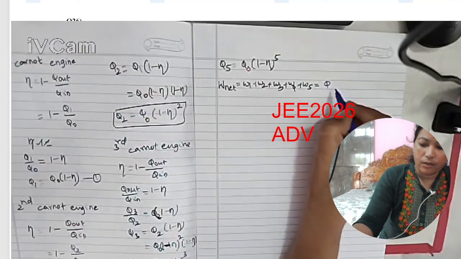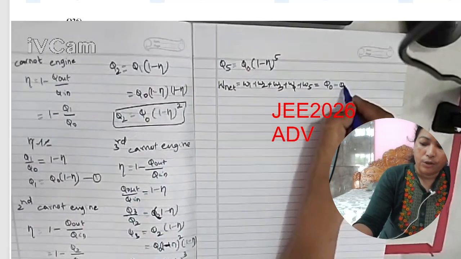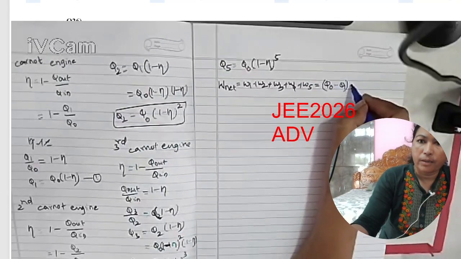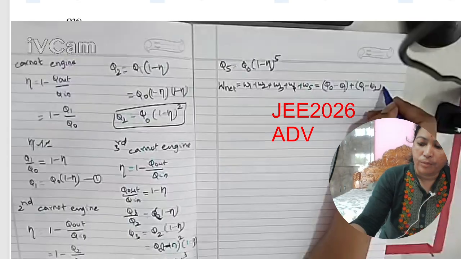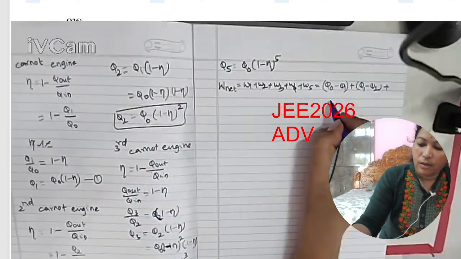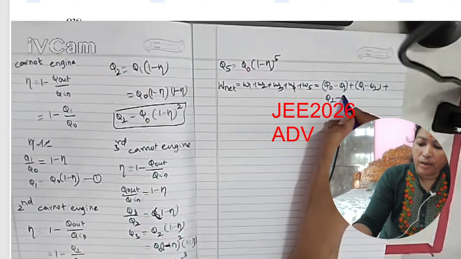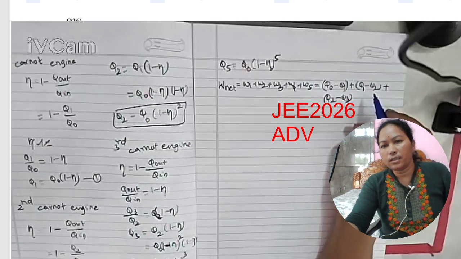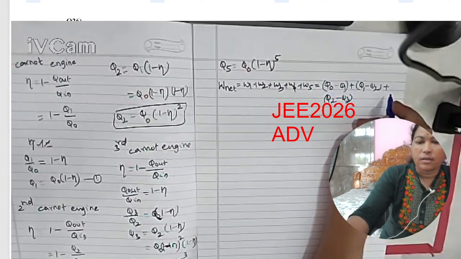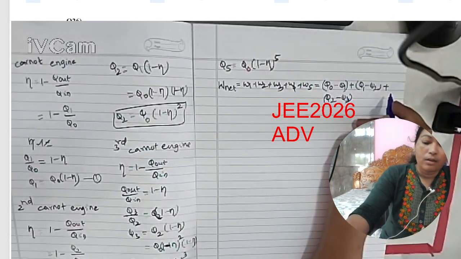First Carnot cycle, Q naught minus Q1. In the second, Q1 minus Q2. Plus in the third engine, Q2 minus Q3. The heat difference converts into the work.